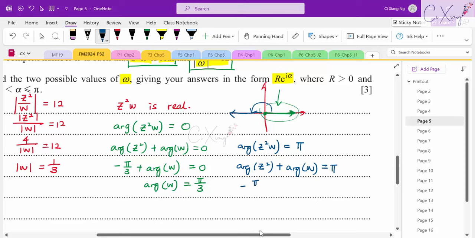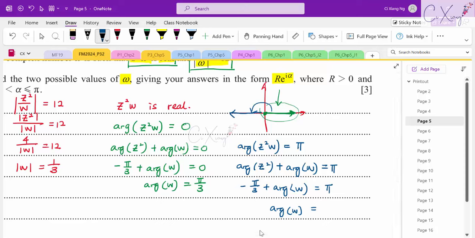So negative pi over 3 plus argument of w equals to, what is the value of pi here? It is still pi. Okay, then very easily you can get another value for the argument of w. So you take pi plus pi over 3. So from here you have 4 pi over 3.